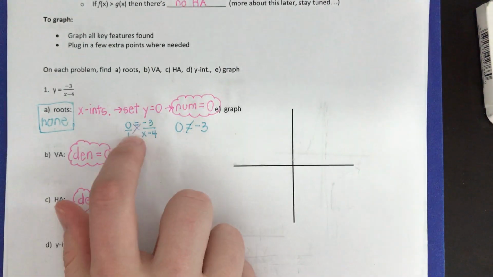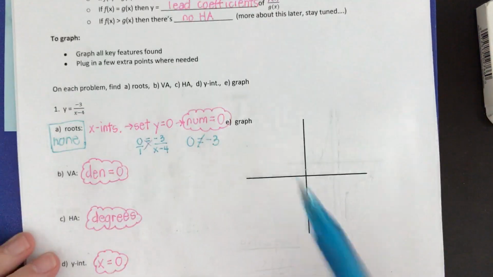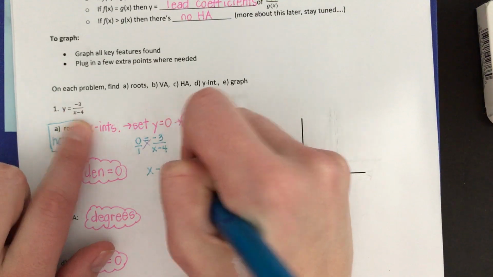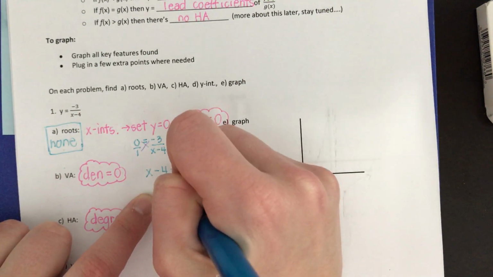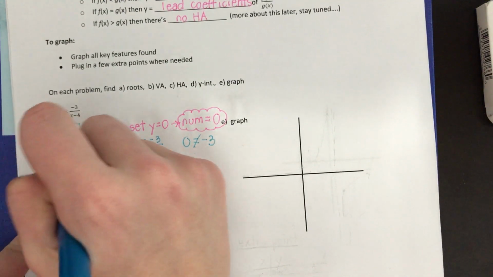That way you can skip the middleman, skip the steps. To find the VA, like above, set the denominator equal to 0, then solve. In our case, x minus 4 is in the denominator, equal to 0. Solve for x, you get x equals 4. So VA is x equals 4.